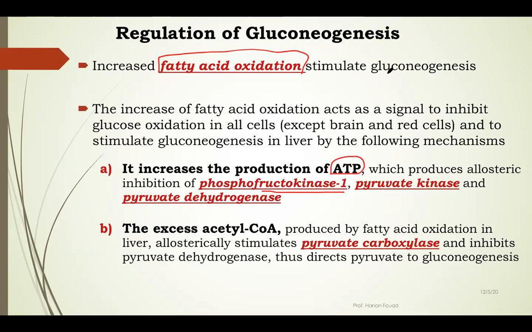High level of fatty acid leads to the production of high level of adenosine triphosphate, which inhibits the key enzymes of glycolysis, such as phosphofructokinase 1, pyruvate kinase, and another enzyme which is not found in glycolysis but works in glucose oxidation, which is pyruvate dehydrogenase complex. So, fatty acid oxidation inhibits glucose oxidation to spare glucose for the brain and the RBCs.